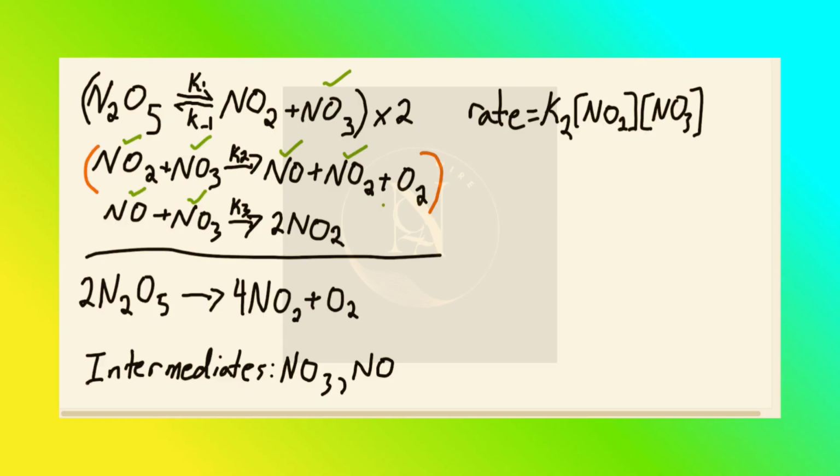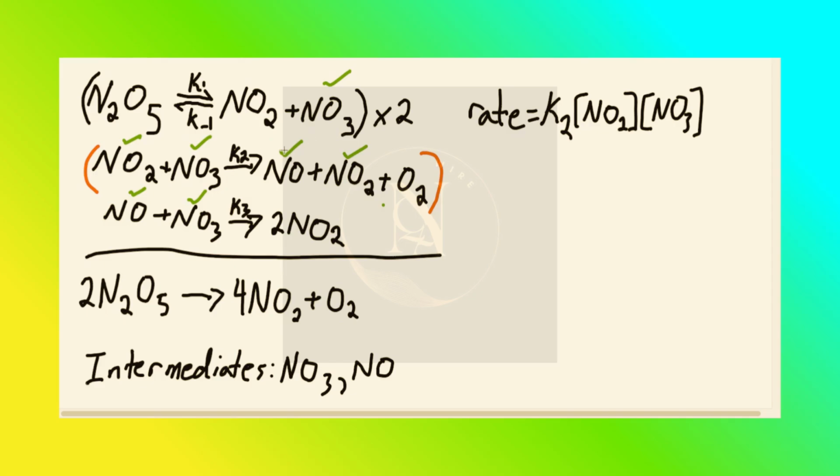So, crunching through this, from the first equation, let's consider NO2. So we see here that NO2 is, by steady state approximation, the rate at which we're producing NO2 is going to be equal to the rate at which we are consuming NO2, right?